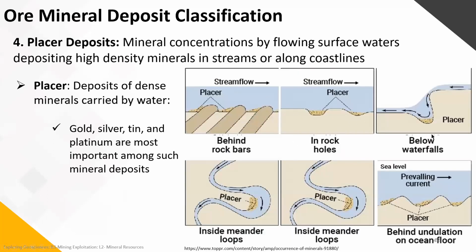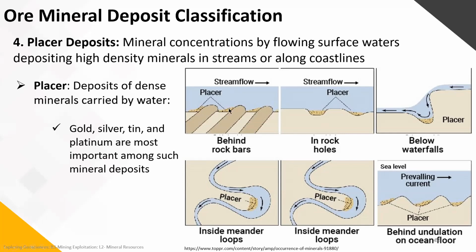These are kind of natural traps that can occur in our terrains that can block or trap the minerals within our streams, and the deposits form from the dense minerals within the water.